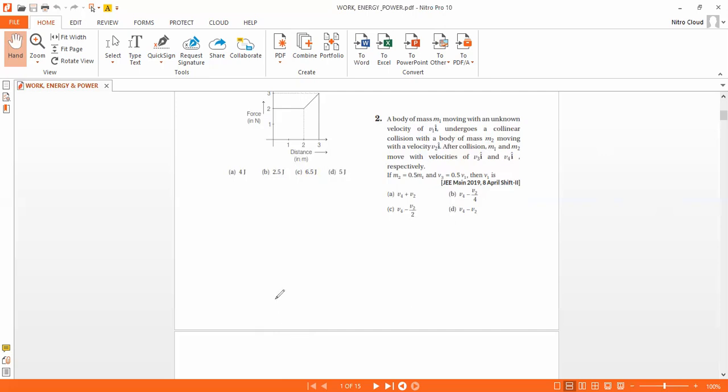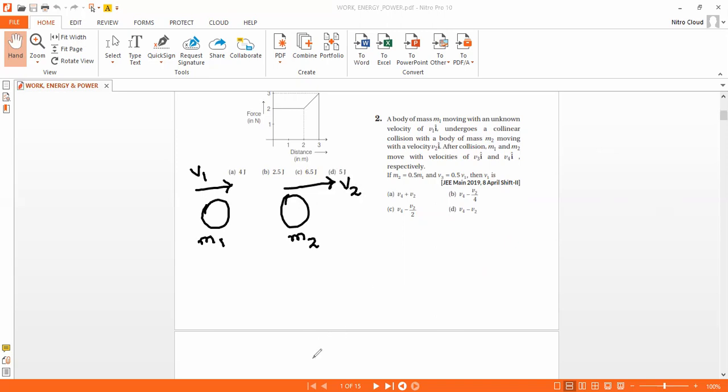That means I can consider that momentum is conserved. Initially, I have m1 and this one is m2. Initially, m1 is moving with a velocity v1 and this one has v2.